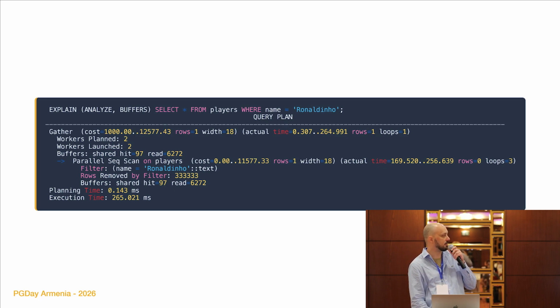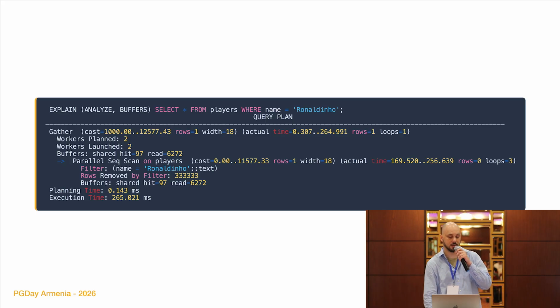I'm also using buffers to show the actual number of pages read. This is something that is required for Postgres 17 and under, and it's very useful. You should use it, because indexes is about optimizing reads. Of course, we care about performance, but the main thing here, we are optimizing reads, minimizing pages read.